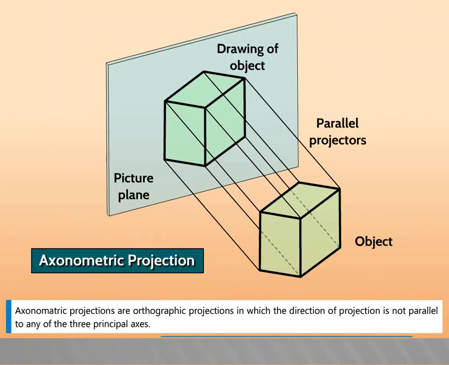Axonometric projections are orthographic projections in which the direction of projection is not parallel to any of the three principal axes.